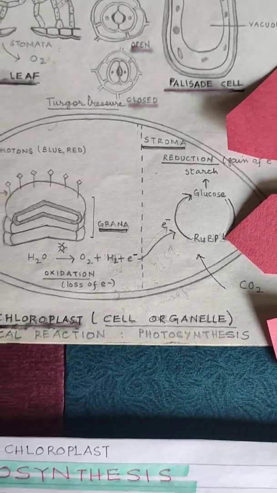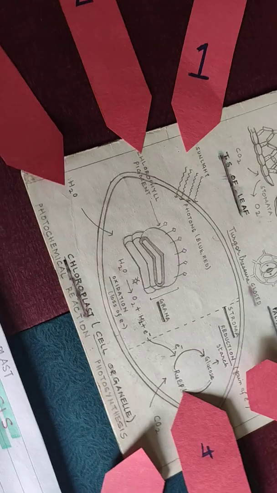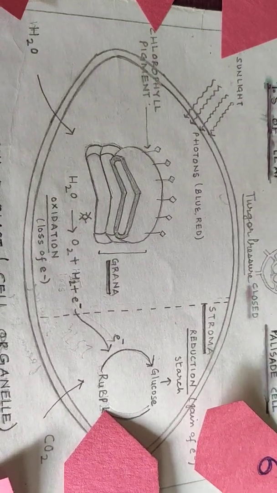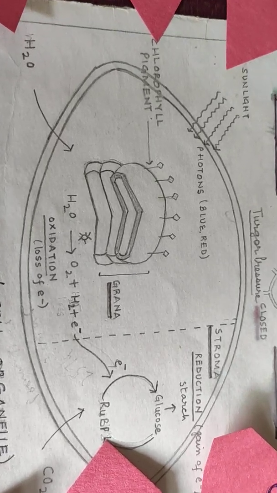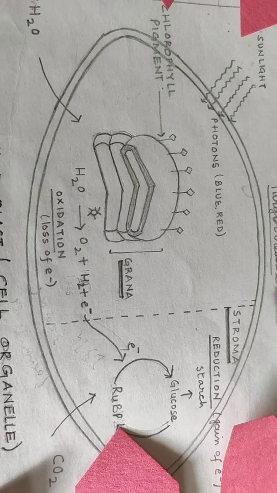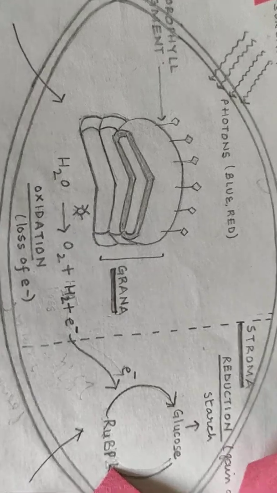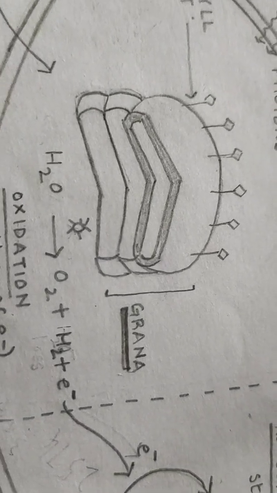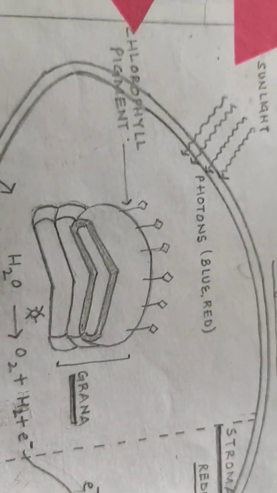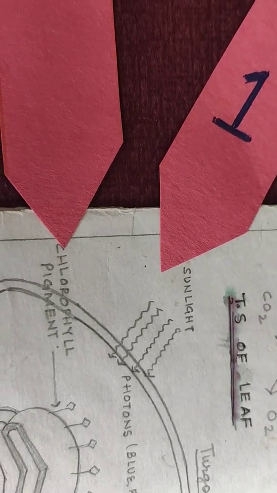Now from class 9th, if we look at the structure of the chloroplast, we see that it has the outer membrane, the inner membrane, and the cavity is filled with a gel-like substance which has many enzymes, and in it are stacks of thylakoids, and the stack is called grana, and on the grana are present the chlorophyll pigments which receive the sunlight.